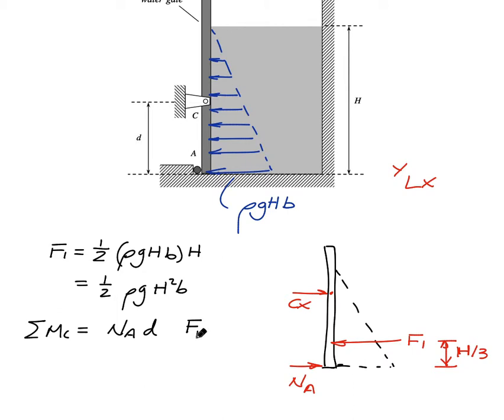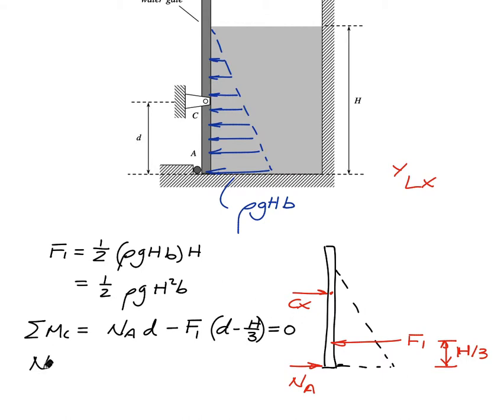It's going to have a moment arm of D minus, let me make sure I got this right, D minus H over 3. And that will be a negative moment like this. And since those are the only moments that are acting about C, for equilibrium that is a 0.